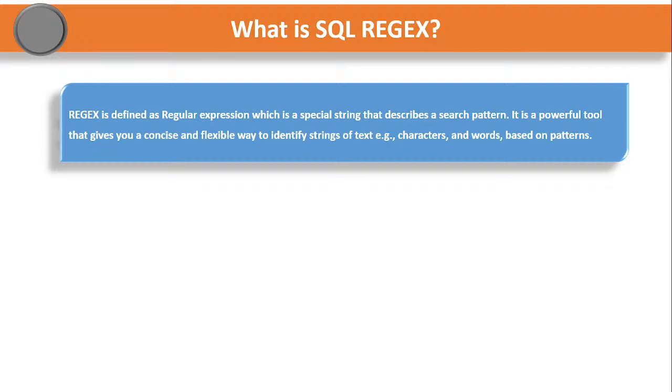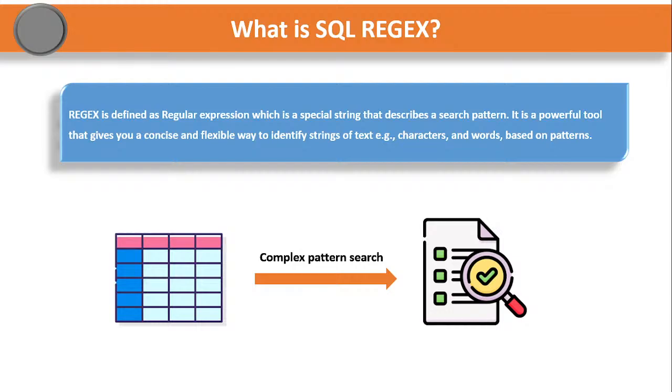Now you might be wondering, we have the SQL LIKE operation, so how is it different from the LIKE operation? Basically, if you're working on a complex data set and your search pattern is quite difficult, in that case you have to use SQL regex. Regular expressions provide a powerful means of identifying a pattern within a body of text.